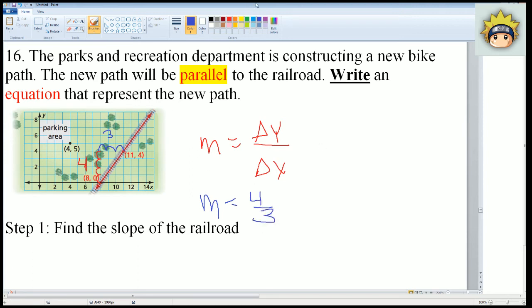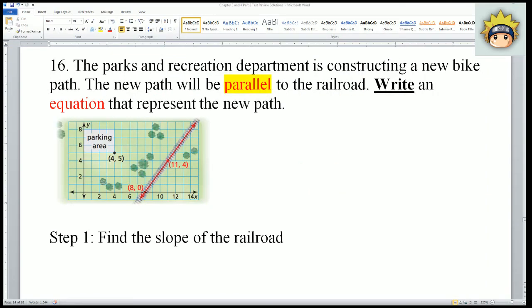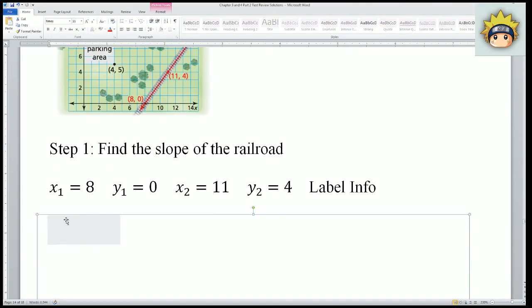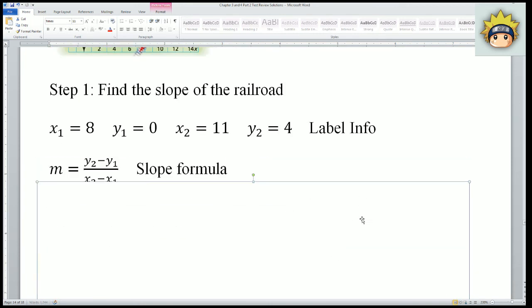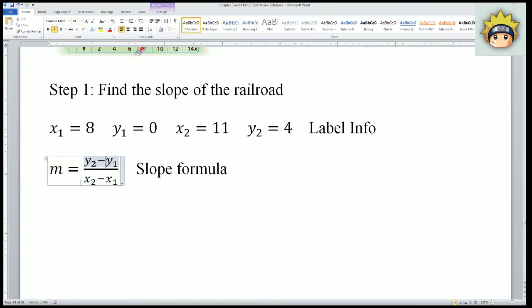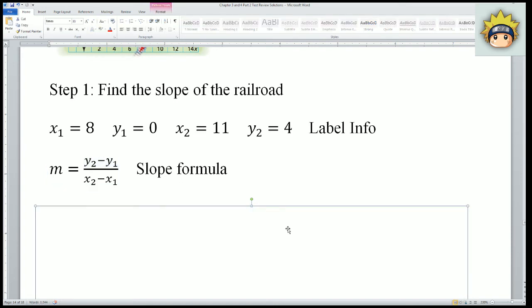Okay, so I have the slope as 4/3. I'm going to do it a different way. I'm going to use the equation this time. So x1 is 8, y1 is 0, x2 is 11, y2 is 4. That's just labeling your information. Slope formula, right? y2 minus y1 over x2 minus x1. This is change of y over change of x.